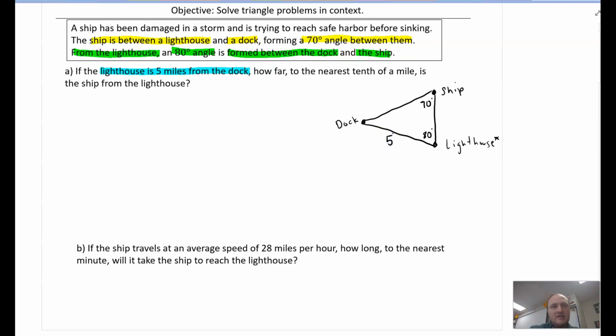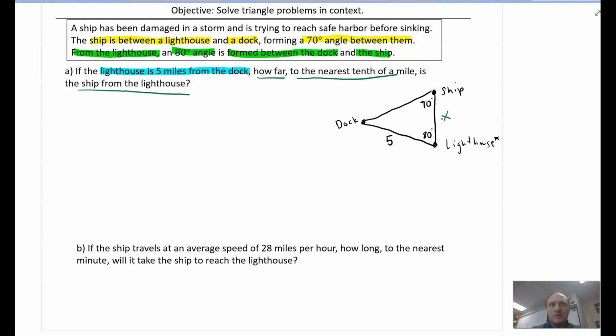Here's the question they want us to figure out: how far to the nearest 1/10 of a mile is the ship from the lighthouse? What we want to find is this side here.